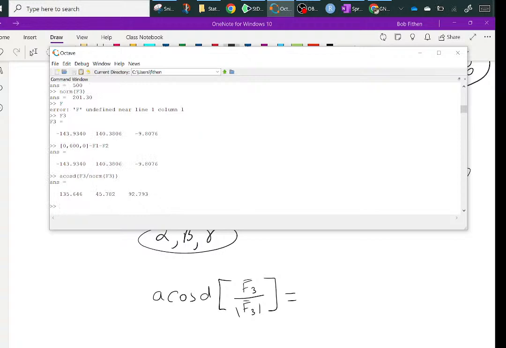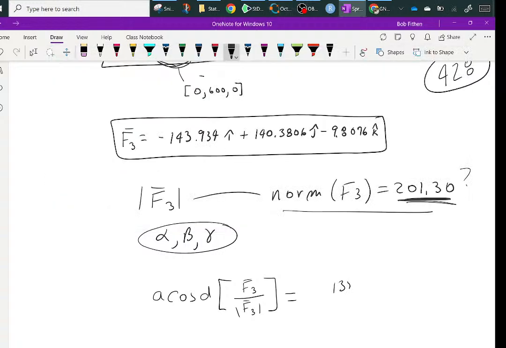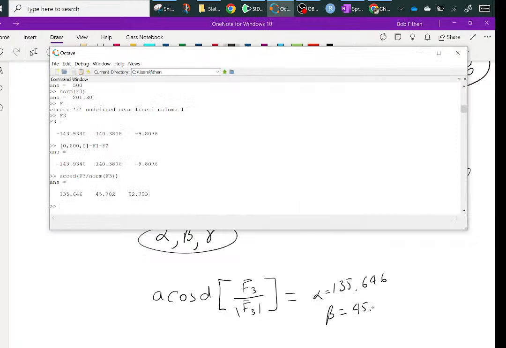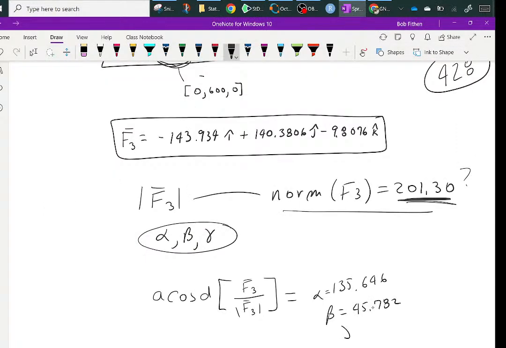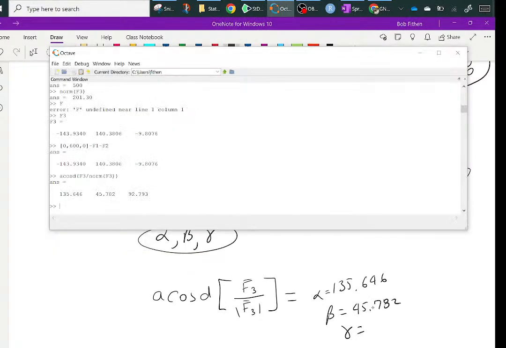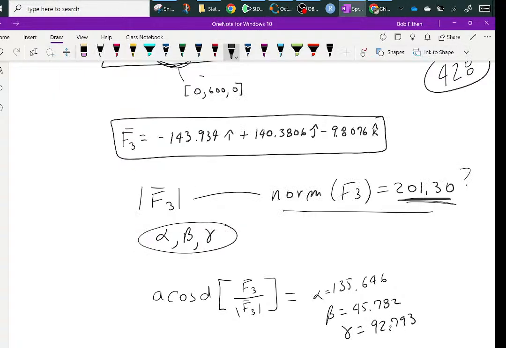I get 135.646 for alpha. Beta is equal to 45.782. If you've seen something I've done wrong, tell me.